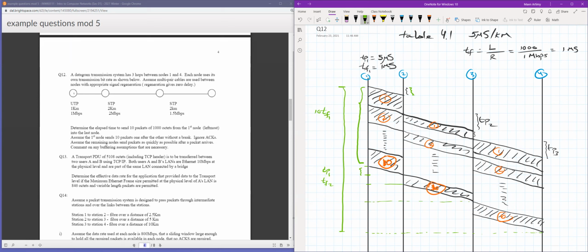It's TP2, right? This part is the same as this part. This one is TF3, because it's the time to send the frame from node 3 to node 4. And then finally, this piece is the same as this piece, which is TP3.